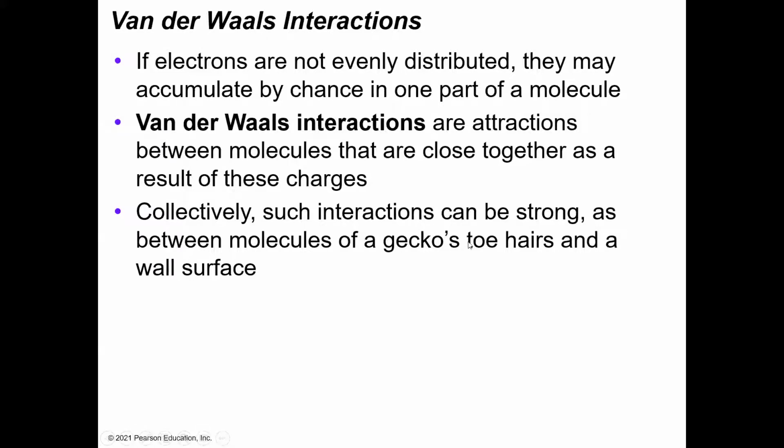So in one part of the molecule you have positive charges, and in another part you have negative charges. And you have many, many molecules like that. Together, these interactions can be quite strong.